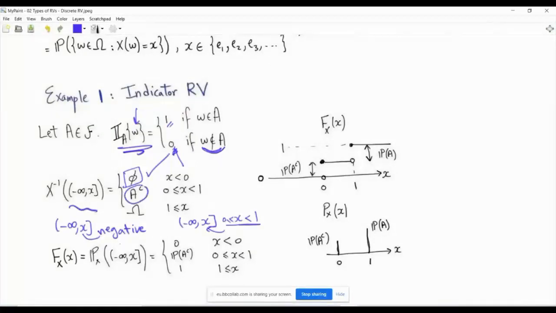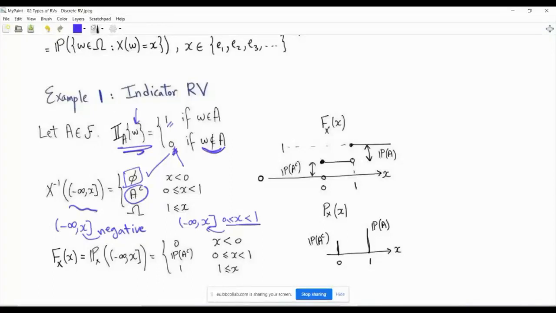It is a complement, right? Because every element in big omega that is not in A is mapped to the real number 0. So the pre-image of the interval from minus infinity to 0, or some positive number less than 1, is just the elements in big omega that are not in A. That's a complement by definition.